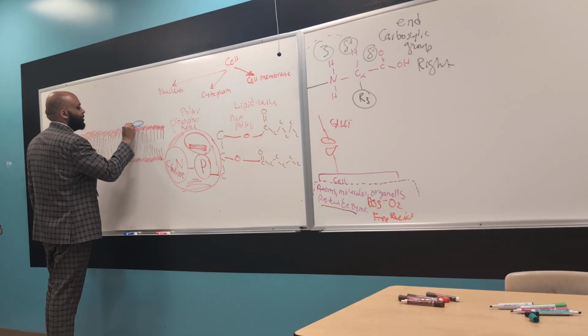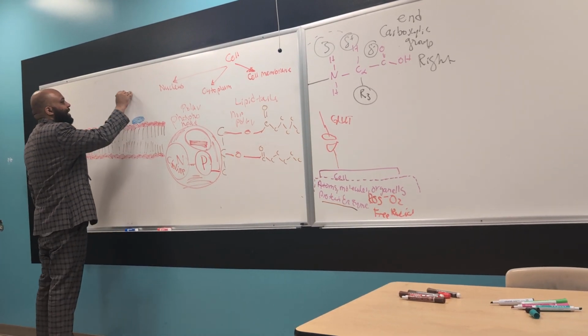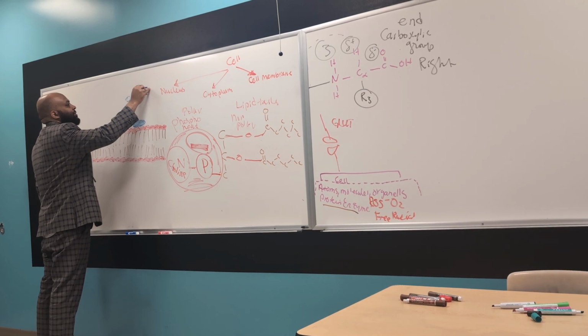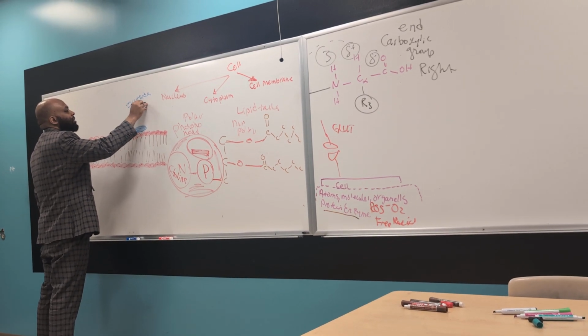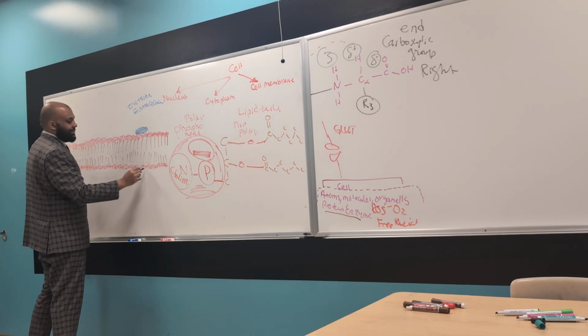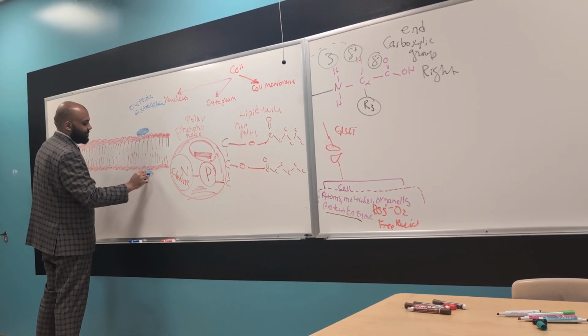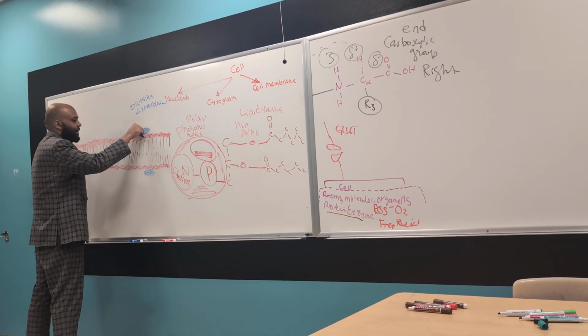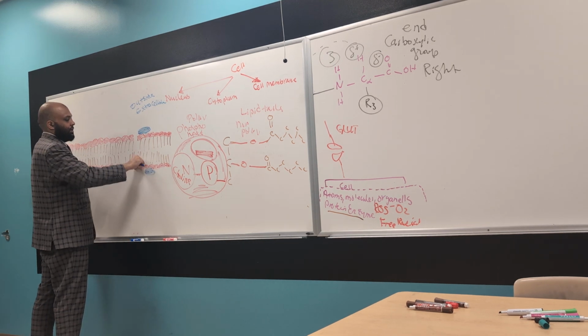So I have some protein that is only on the outside. This is the outside of the cell, the extracellular layer, and that's the inside of the cell, known as the intracellular.